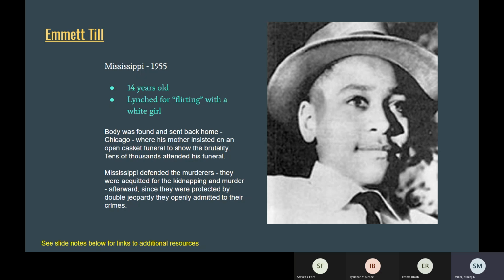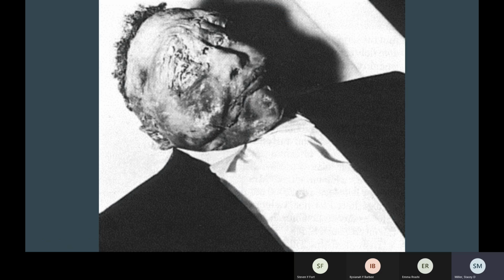So, with the image that I'm about to show you, it is a really difficult thing to see, so do prepare. This is Emmett Till, a 14-year-old child who was brutally murdered and is the victim of severe hatred and racism.